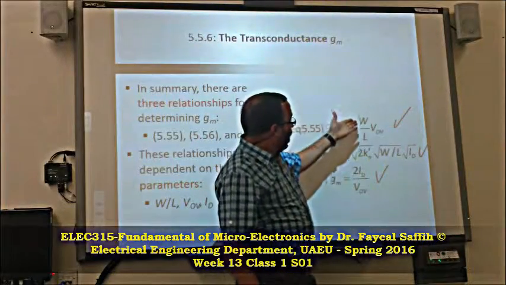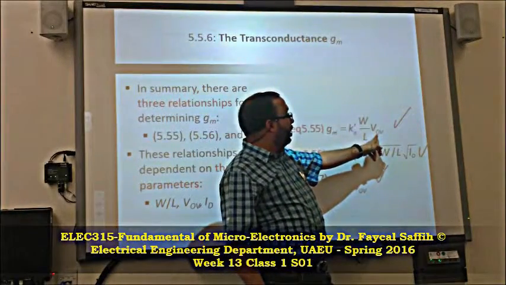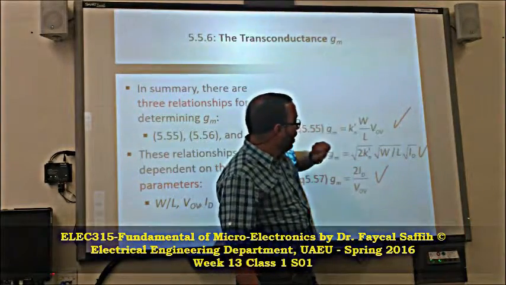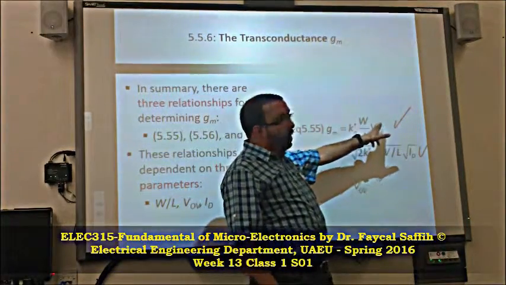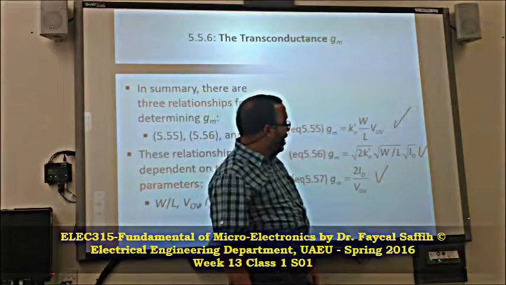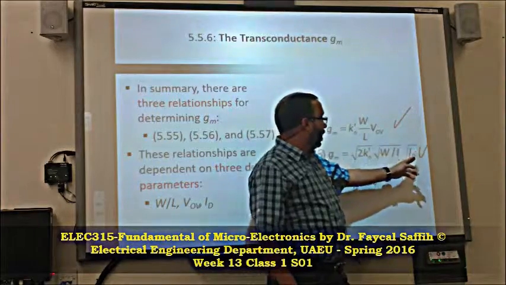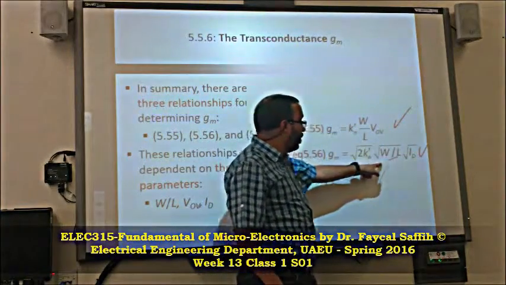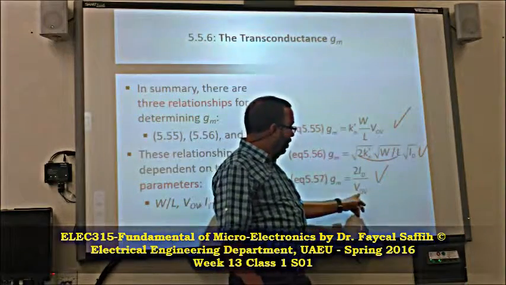If we have the overdrive and these parameters, we can use this equation. If we don't know the ID and we know the overdrive, we can use this. If we don't know the overdrive but we know the ID, we get this. If we know both and we don't know the dimension of the transistor, then we get this.